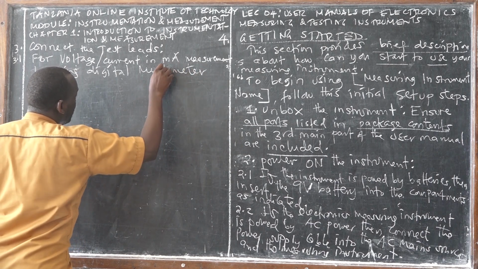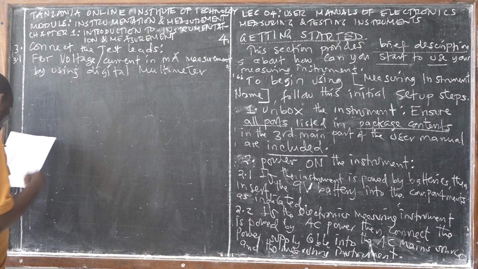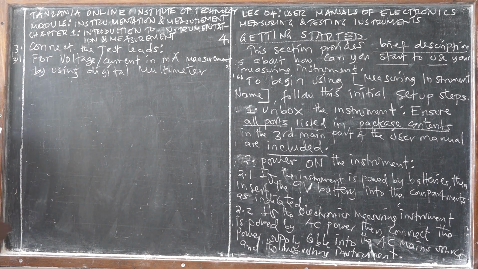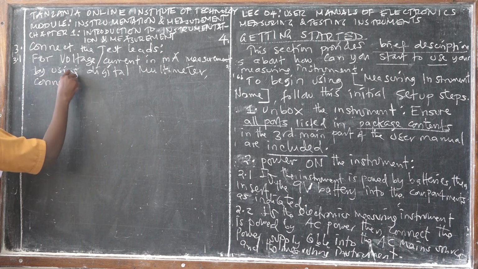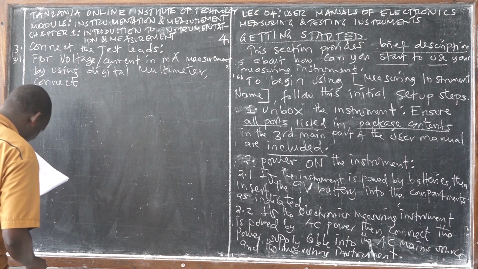This is just an example. By using the digital multimeter, how do we connect the test leads? Say test leads. That is not test 1 and test 2, eh? Because when you mention test, some students remember test 1 and test 2.